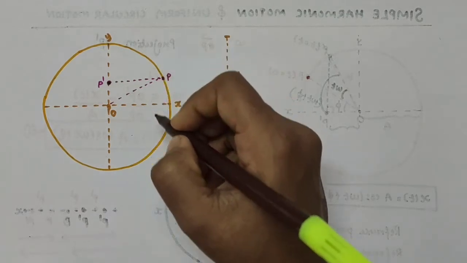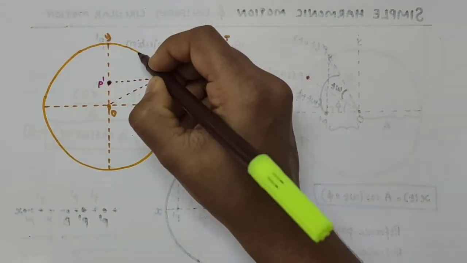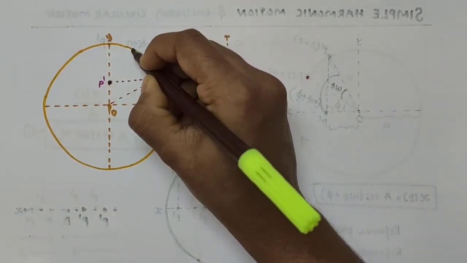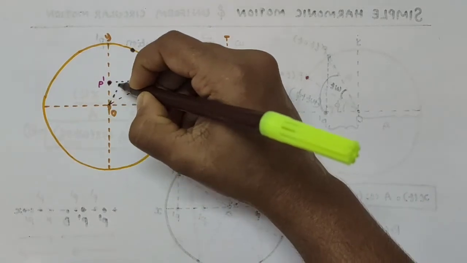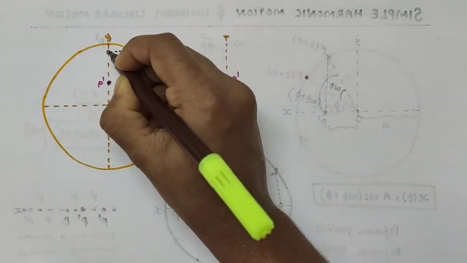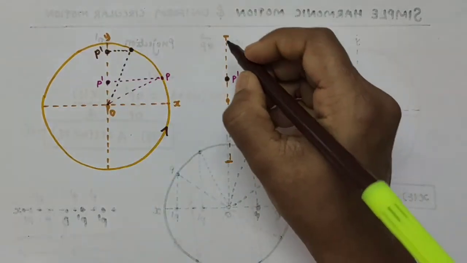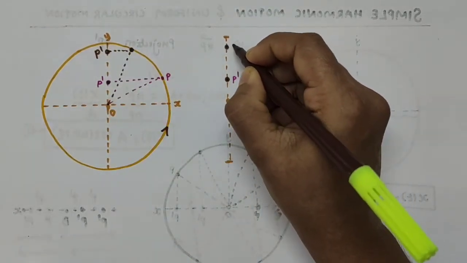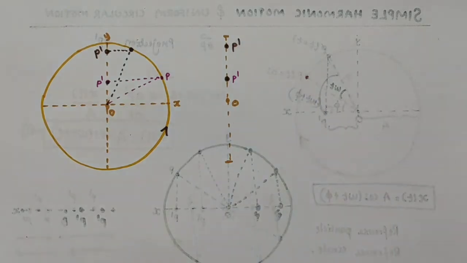Then after some time it is moving in the anti-clockwise direction, so the particle reaches here. This would be the position vector and the projection on the y-axis. So that point P dash is somewhere here.